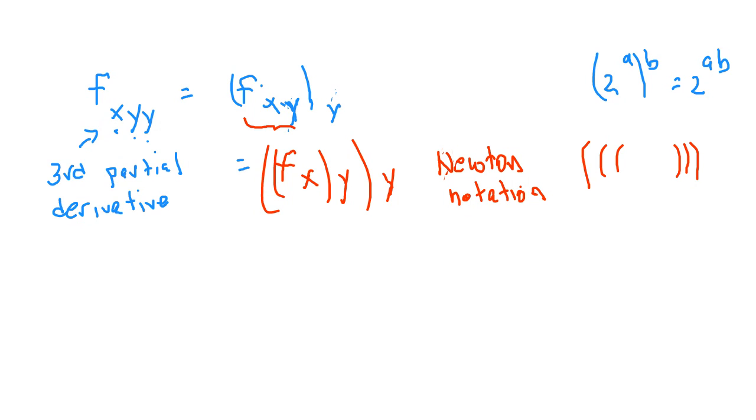So what helps me a lot, based on how I treat exponents and parentheses, are we good with this part? Give me a thumbs up if you're okay with that.